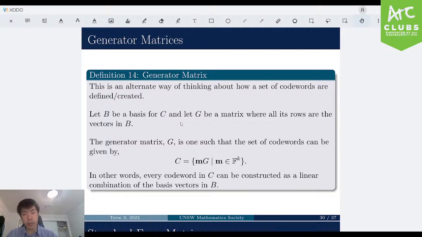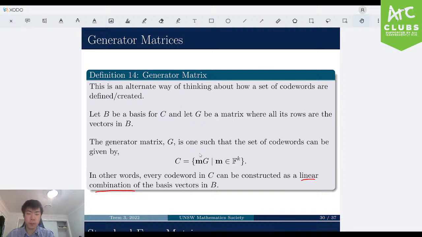Instead, we have a generator matrix where all the rows of the matrix are just a basis, like all the basis vectors for C. And then any linear combination of the rows of G will return you all of the code words in C. Right? It's a bit abstract right now.